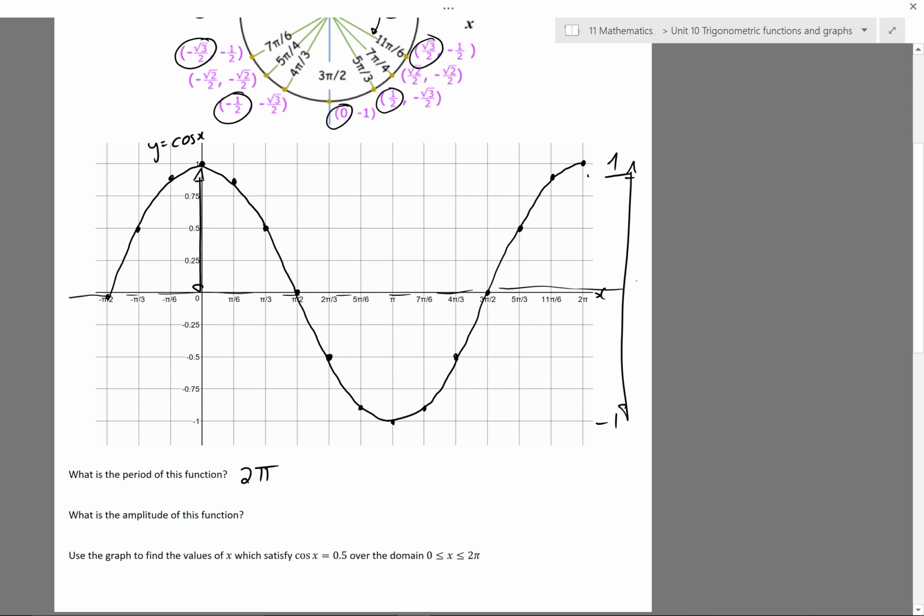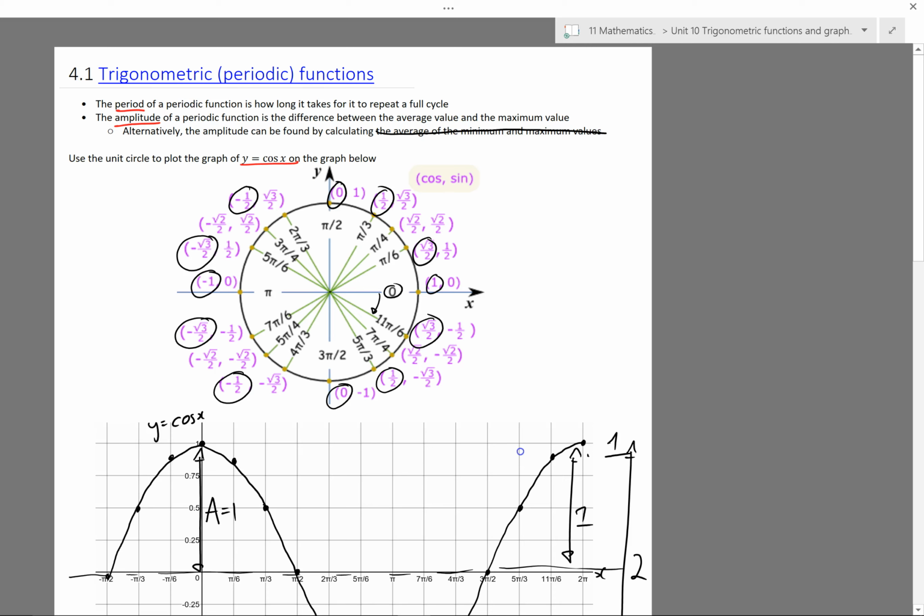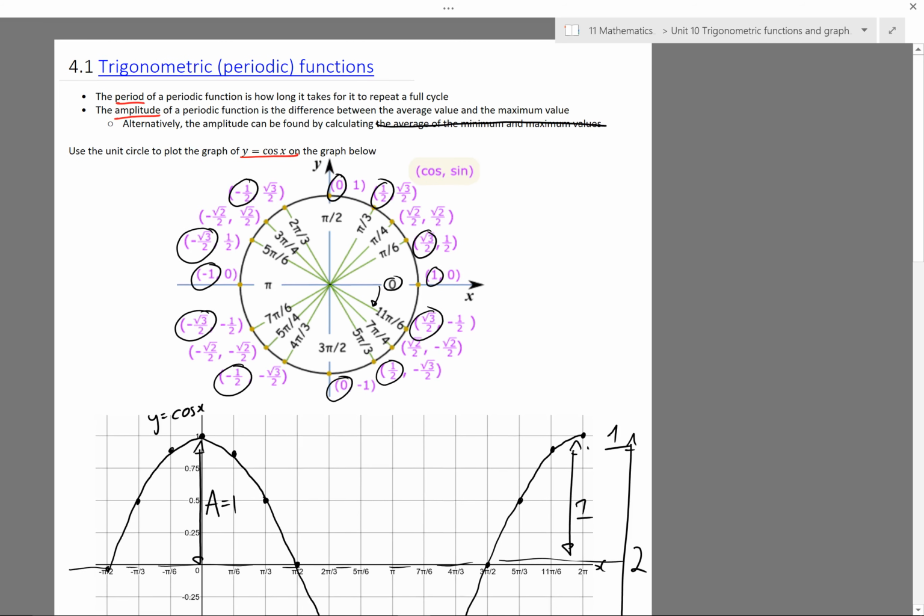The distance between these two is 2, and then I divide it in half to get 1. So this is my amplitude, which would be 1. What I wrote up there isn't exactly correct: it should be calculating half the distance between min and max.